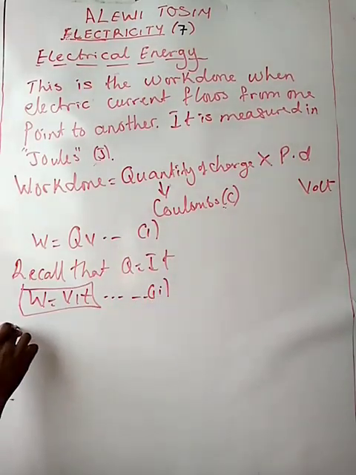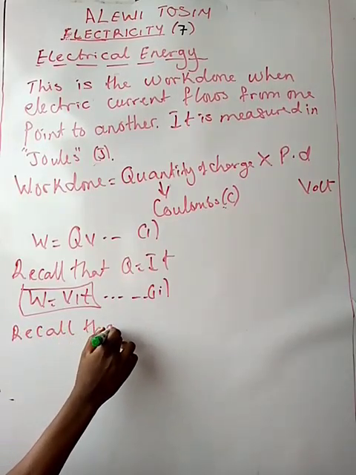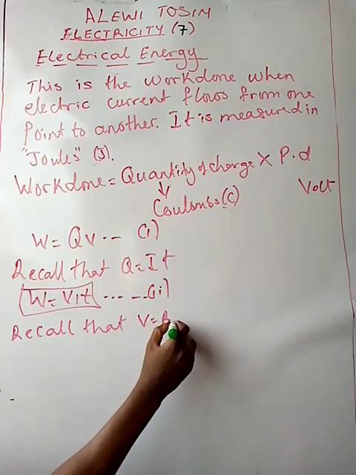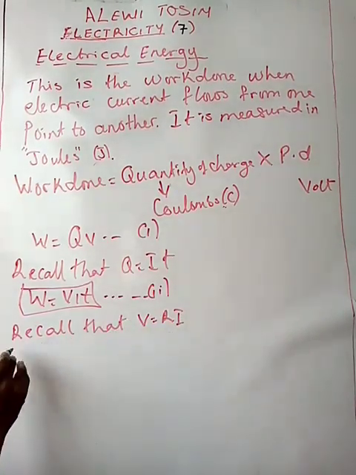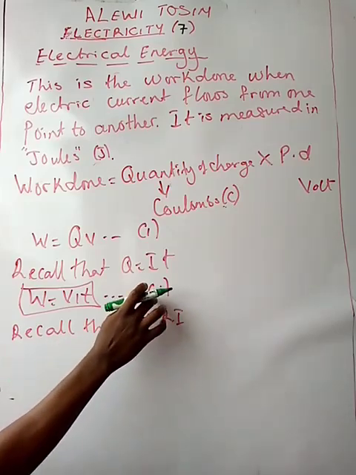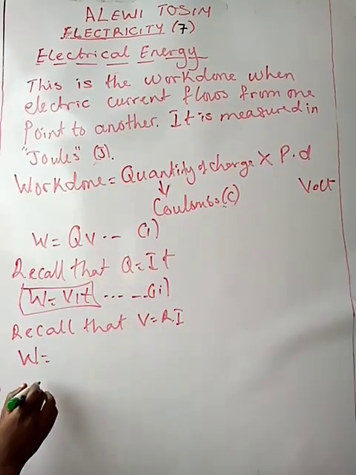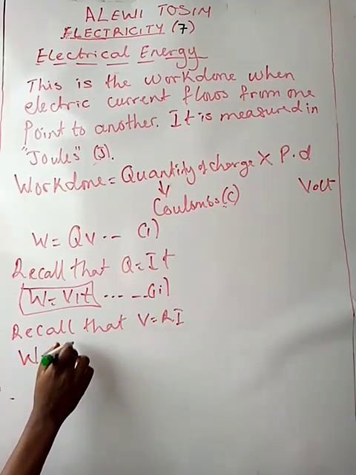Now, we can also recall from Ohm's law that V equals RI. So we substitute for V in equation 2. Then we can say that our W, which is work done, is equal to, instead of writing V, we write RI.